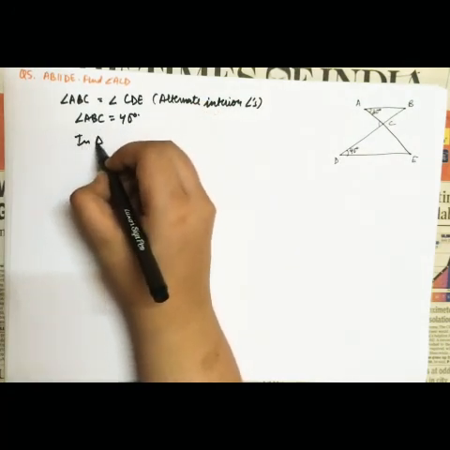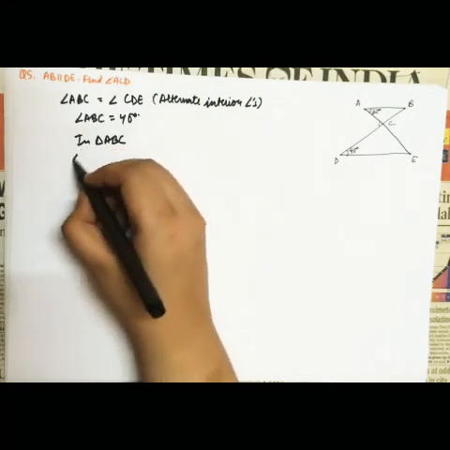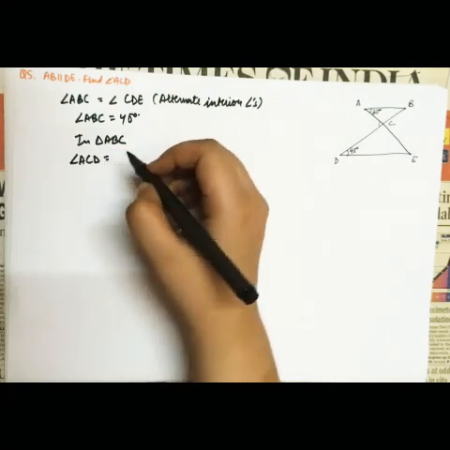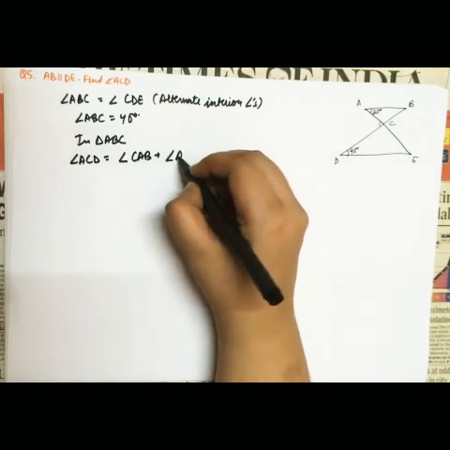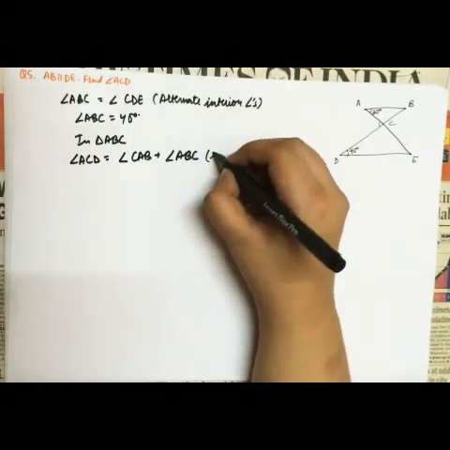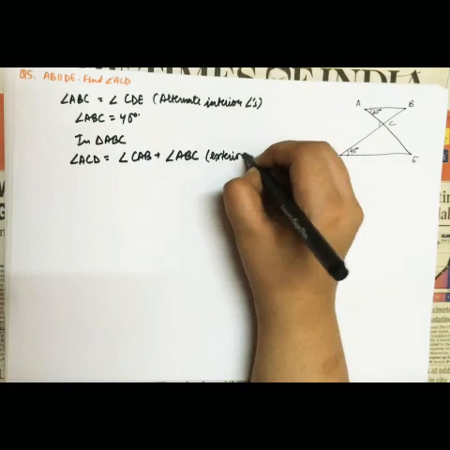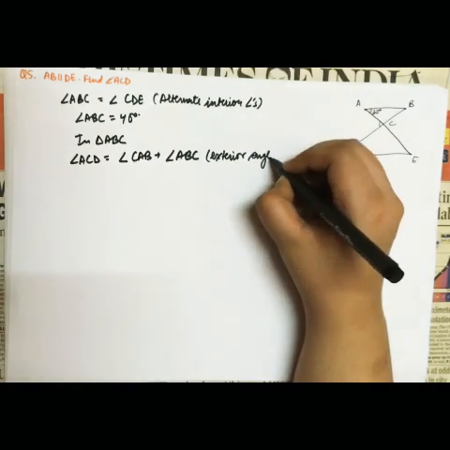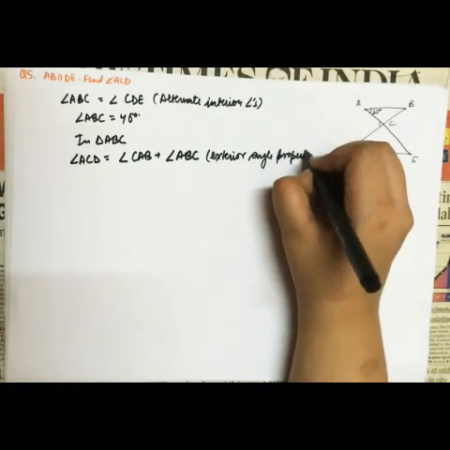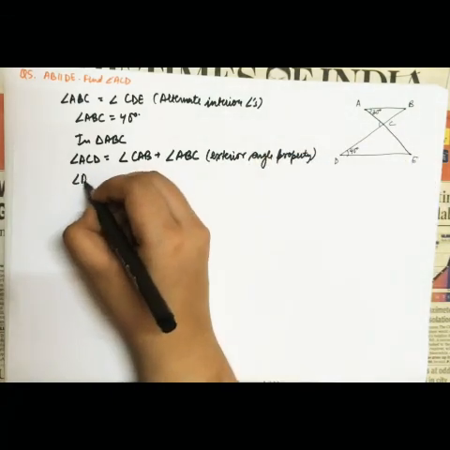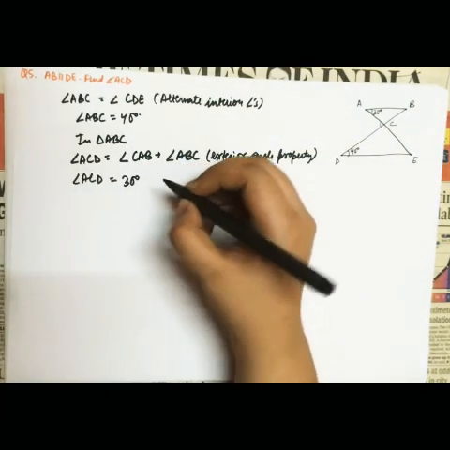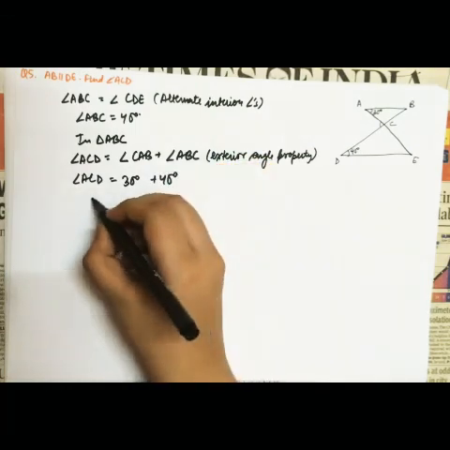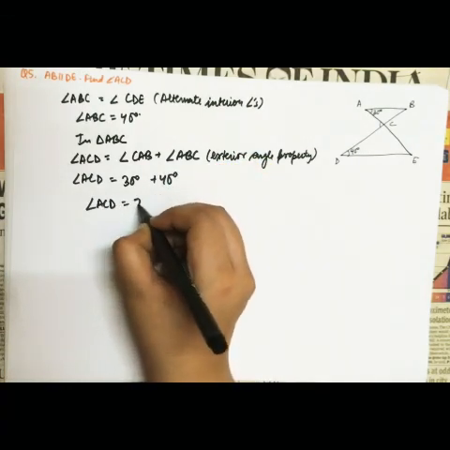Now in triangle ABC, we can say that angle ACD is equal to angle CAB plus angle ABC. Why? Because of exterior angle property. Angle ACD is equal to CAB is 30 degree and ABC is 40 degree. Therefore angle ACD is equal to 70 degree.